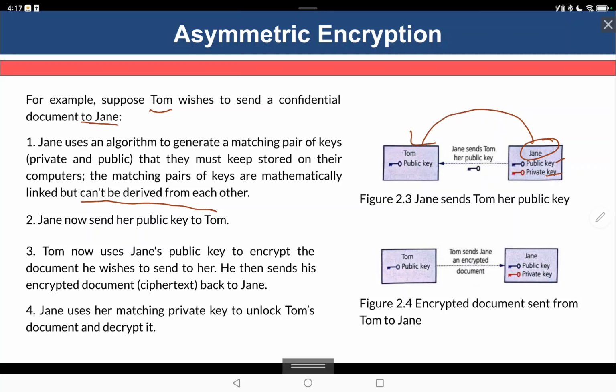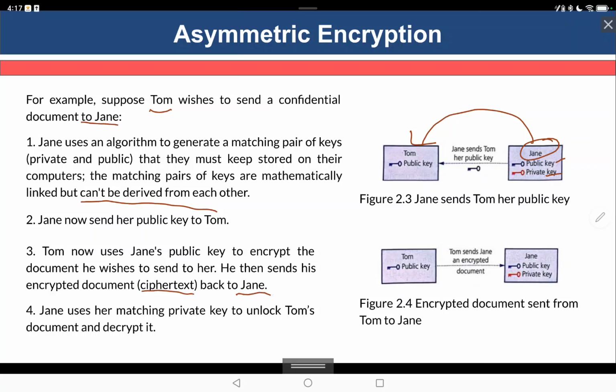Now what Tom does is use Jane's public key to encrypt the data that is to be sent, and then sends the ciphertext to Jane.